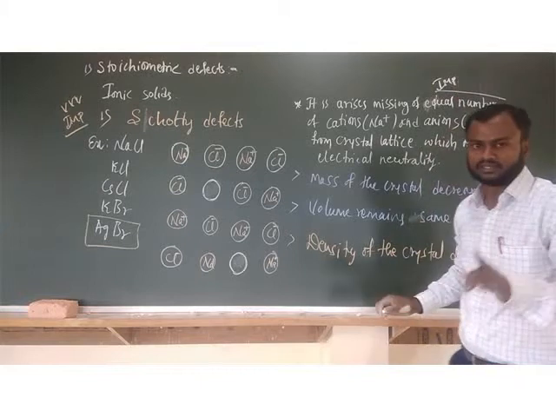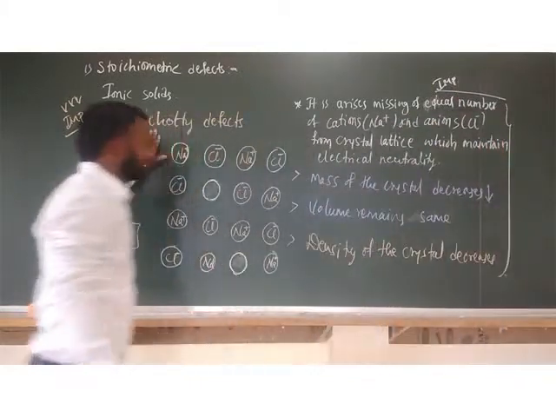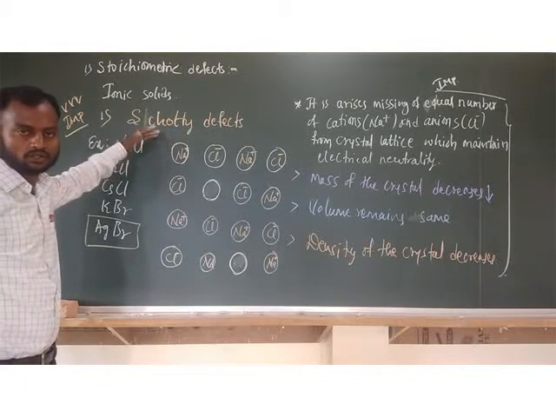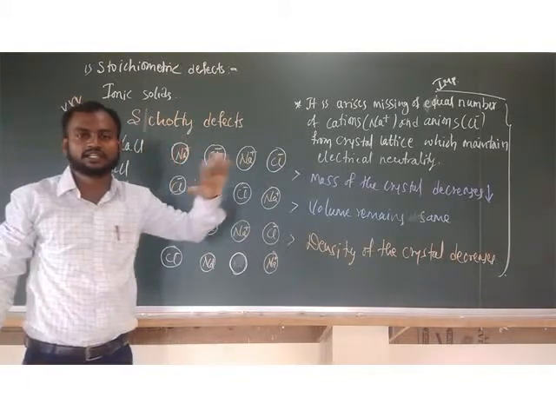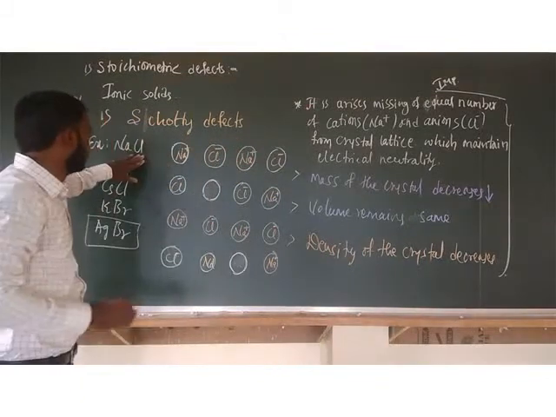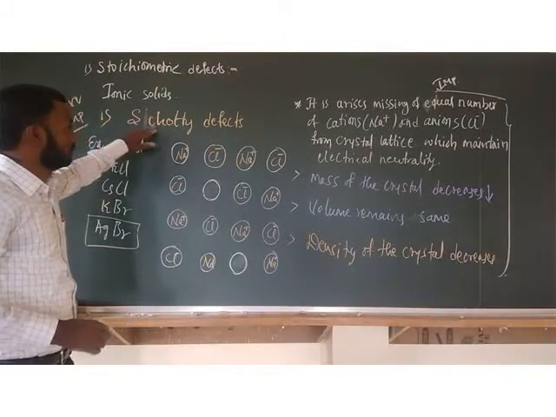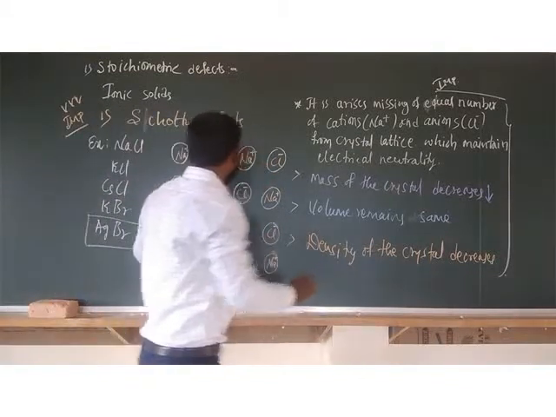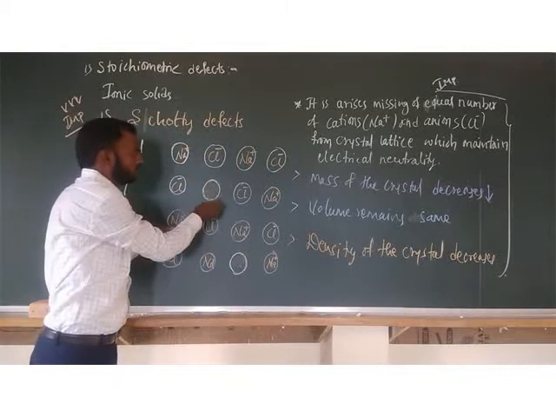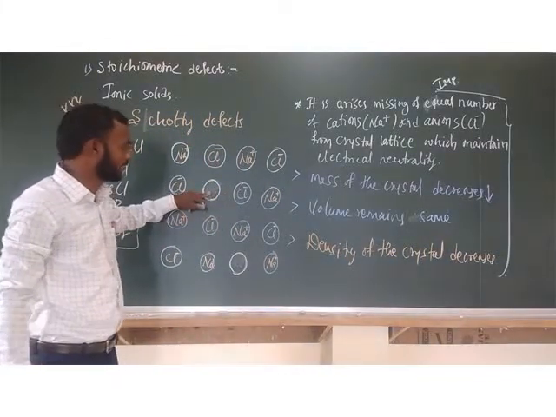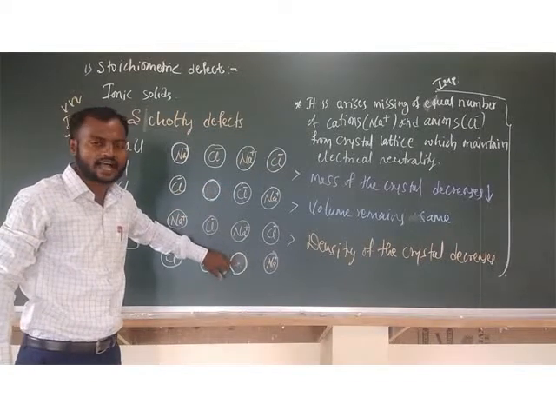So I will repeat once again. The Schottky defect is related to ionic solids. Ionic solids only show Schottky defects and Frenkel defects. In Schottky defects, this type of defect arises from the missing of cations, meaning Na plus ions, and an equal number of anions.